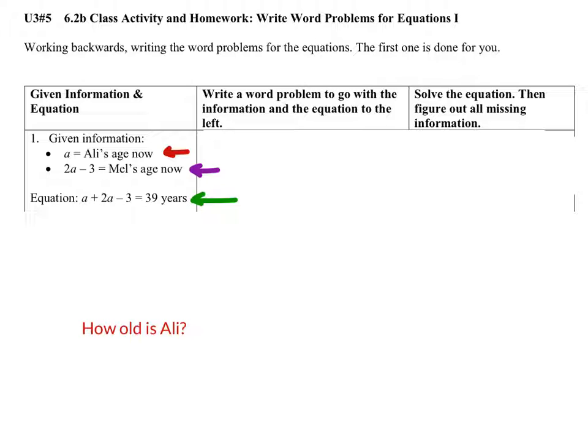Now up in here, we can see it talks about Mel's age. So let's look at that. It's 2 times A, so Mel is twice Allie's age. But then, right, they subtracted 3.